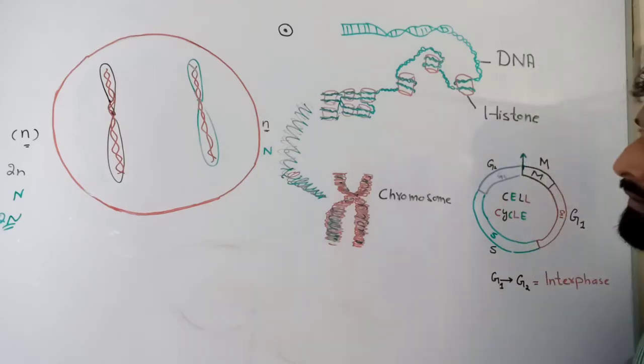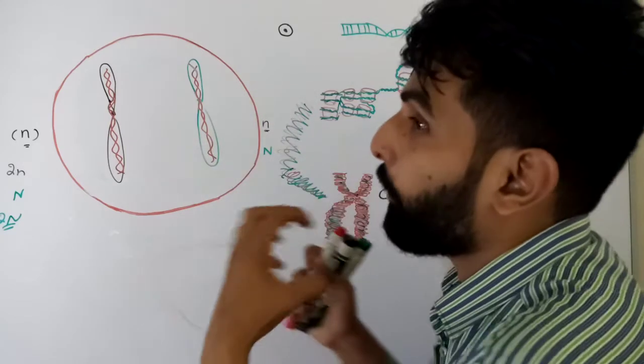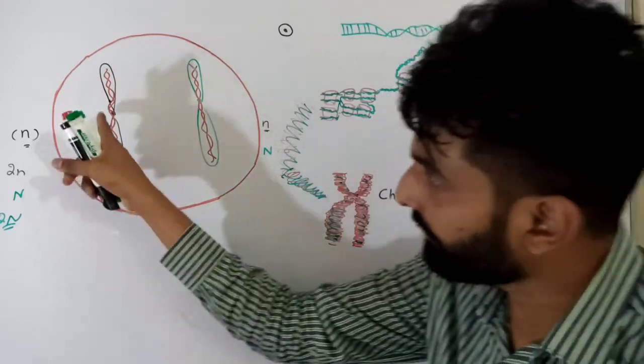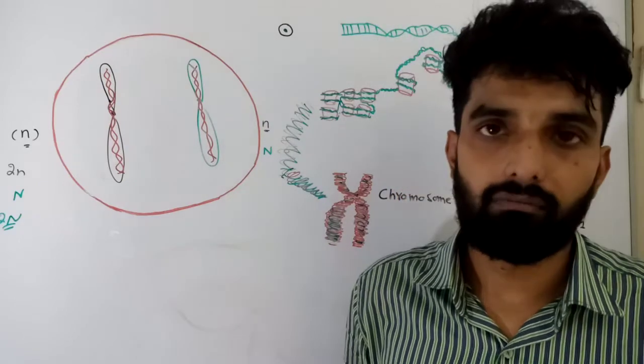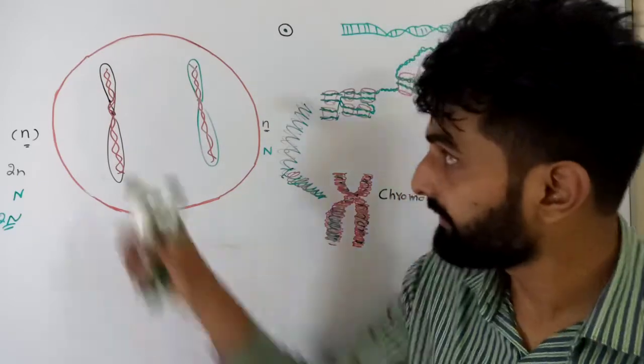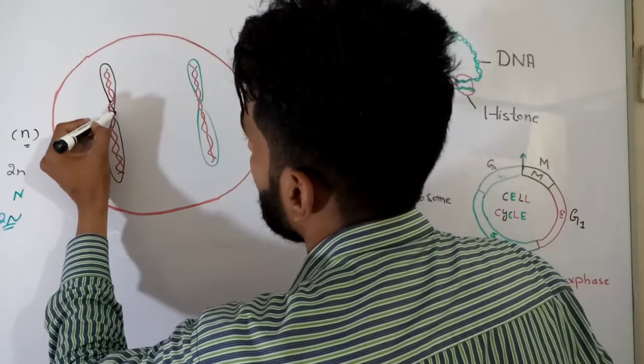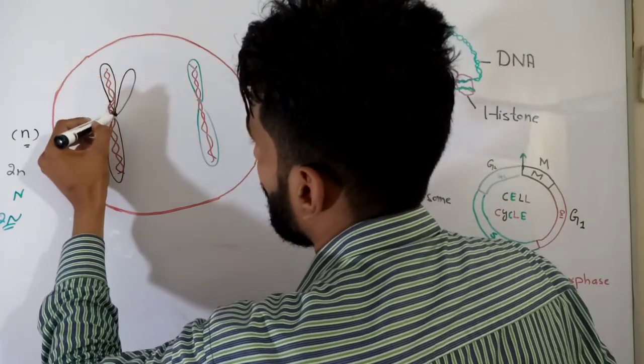Now, when the process of replication starts during the S phase, this DNA will divide itself, and another copy of the chromosome will be formed.